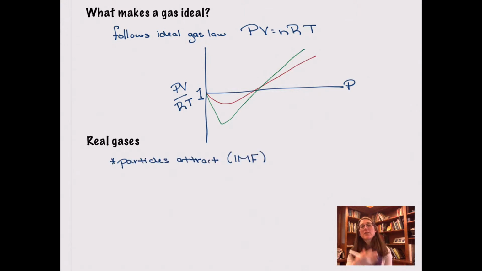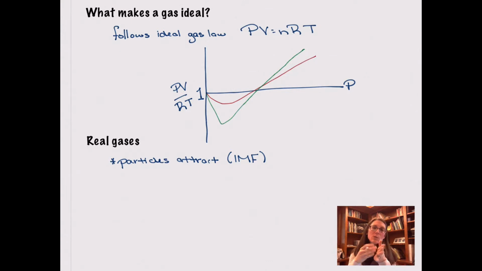These attractions are the intermolecular forces you've learned about before. And that means that as the particles are moving past one another, they're attracted to one another, and that's going to slow them down, and that's then going to decrease the force at which they will hit the walls.